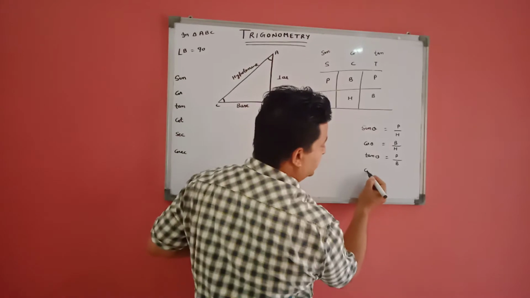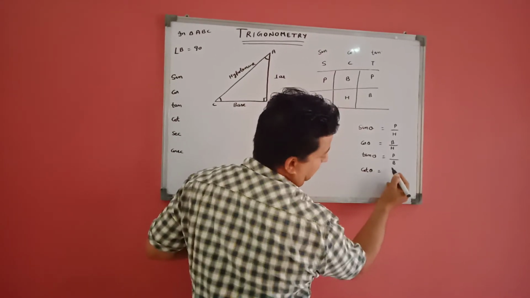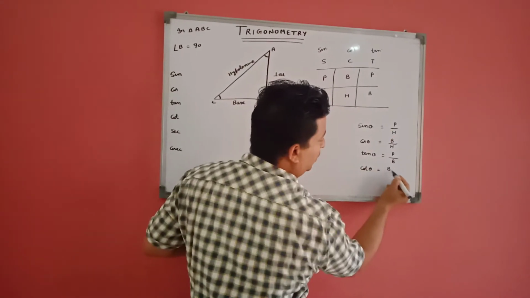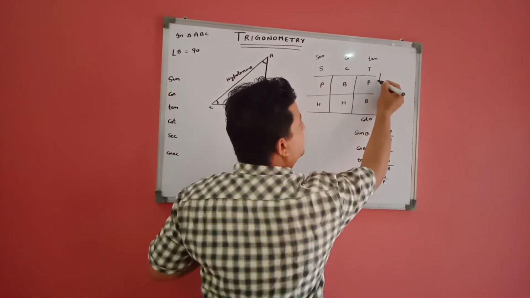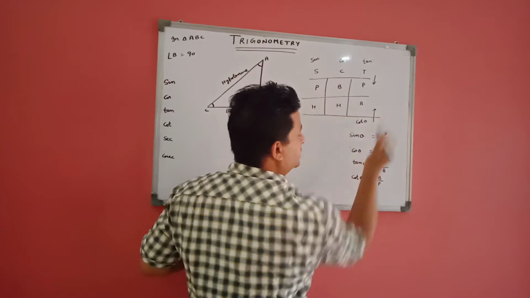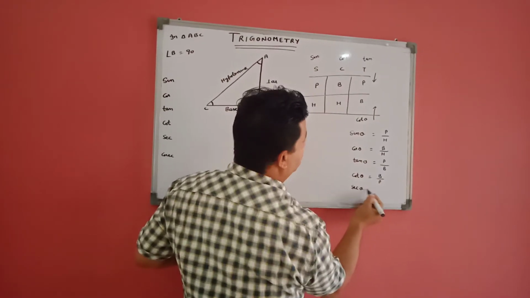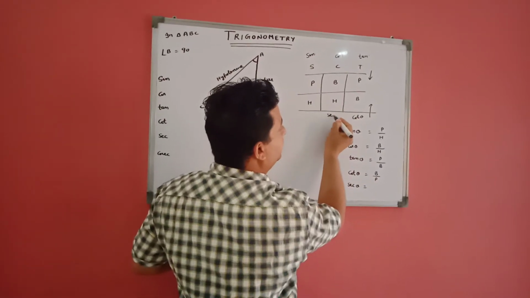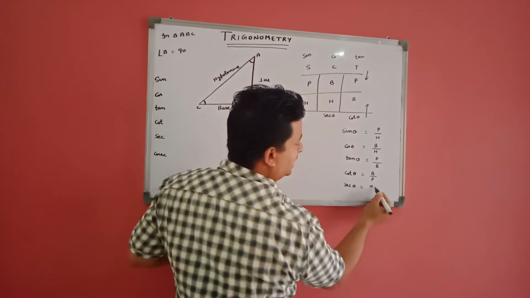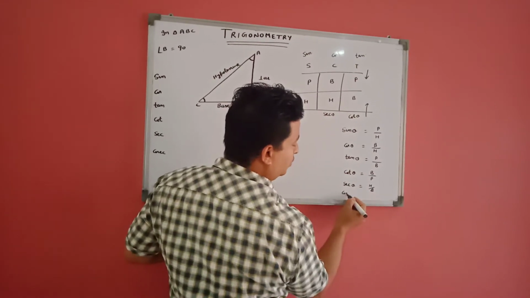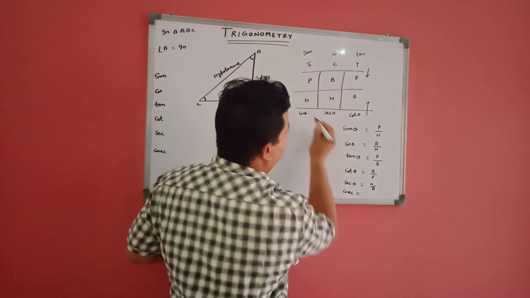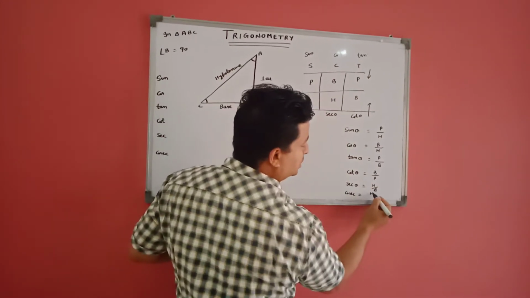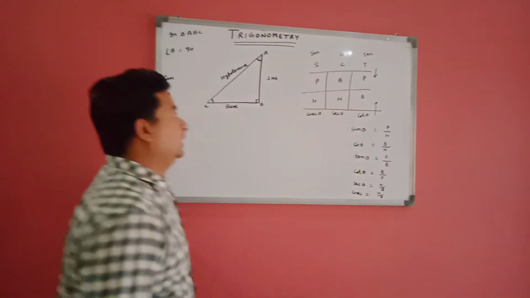Cotangent is the reciprocal of tan, which is B upon P. Secant is H upon B and cosecant is H upon P.